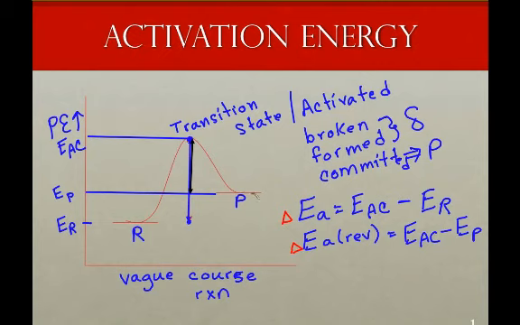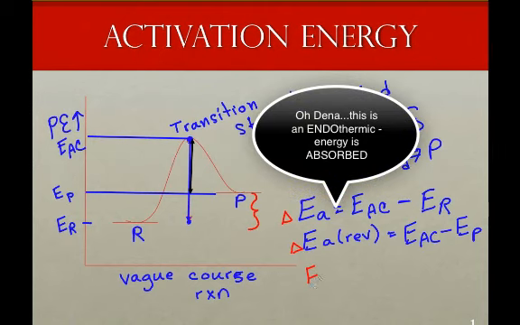Now, we've seen this before. We're not going to talk about it much, but as long as we have these, that difference there, my energy of my products minus my energy of my reactants, is the enthalpy of the reaction, delta H, enthalpy. It assumes particular conditions in terms of pressure and volume and so forth, but that's what we're going to be dealing with primarily in this class, is enthalpy.